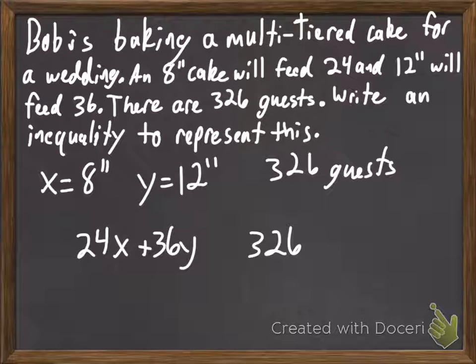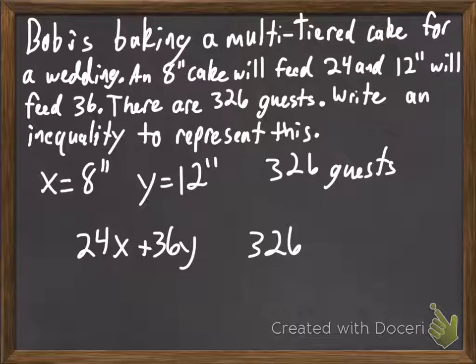We now need to figure out what is going to go between our cakes and our number of guests. And it can't be an equal sign because it'd be very difficult to get an exact number of cake. Plus, you never know, there could be extra guests that come in. So we probably want to get not just equal to, but probably more, just in case, because you never know, someone may have 2 pieces of cake.